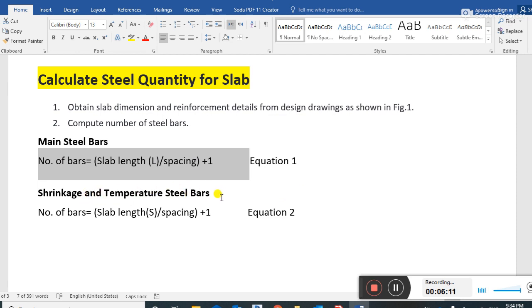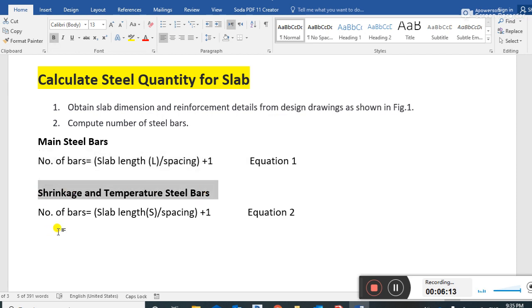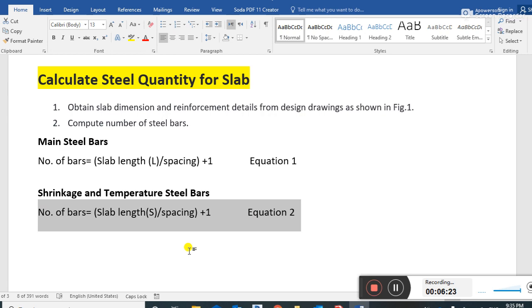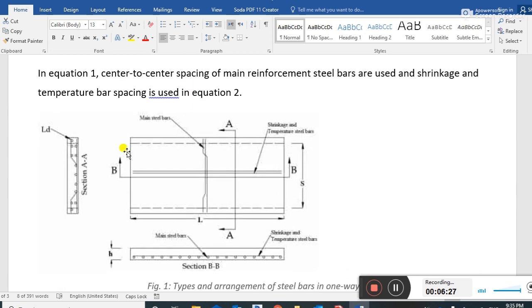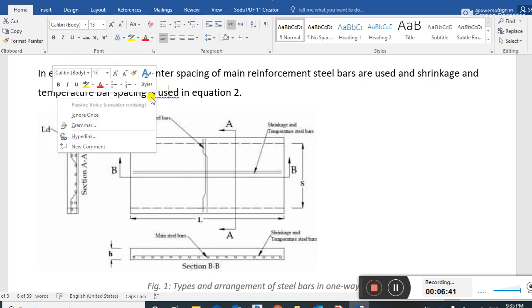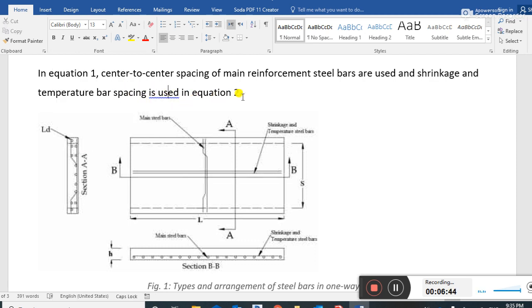Shrinkage and temperature steel bars, number of bars is equal to slab length divided by spacing plus 1. This is the equation for shrinkage and temperature steel bars. Guys, in equation number 1, the center-to-center spacing of main reinforcement steel bars is used, and shrinkage and temperature bar spacing is used in equation number 2.